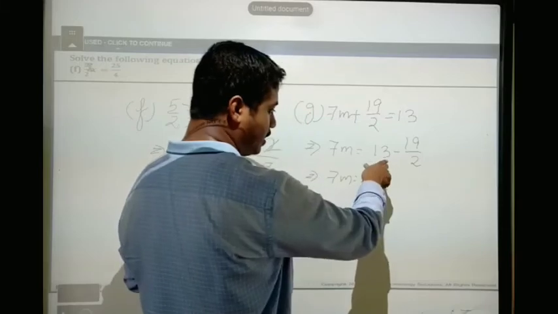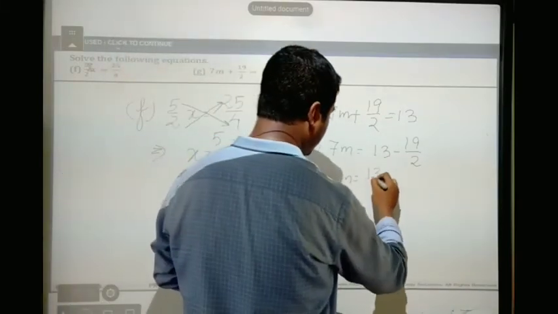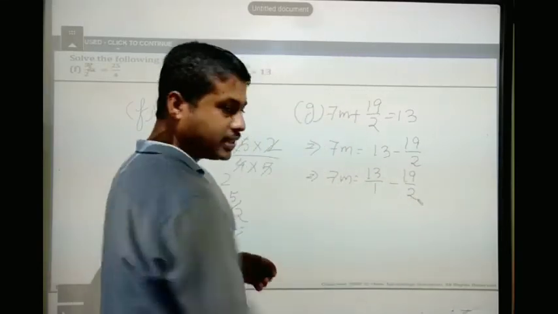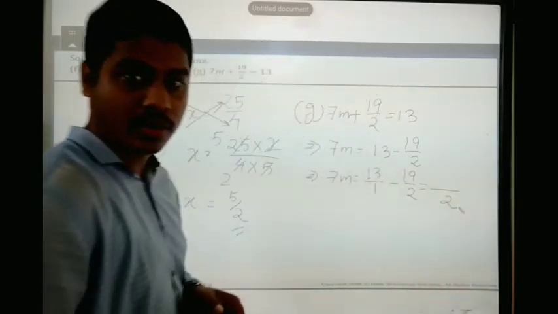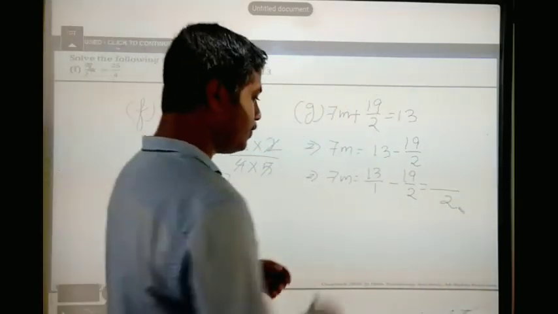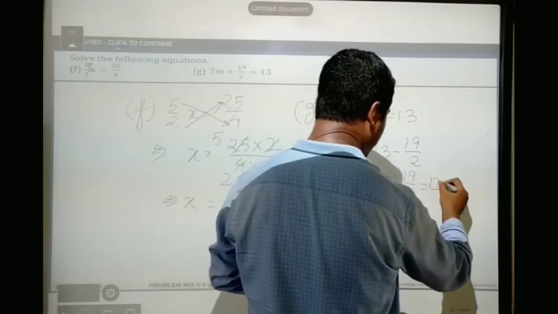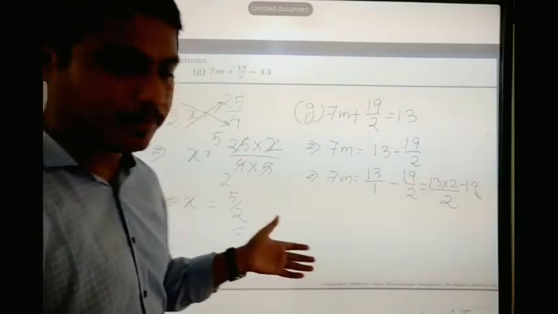This is 13 and below nothing is written, that means there is 1. So it will be 13 by 1 minus 19 by 2. What will be the LCM? LCM here will be 2. So if your LCM is 2, we need to multiply 13 with 2. So 13 into 2 minus 19 into 1, so it will be 19.